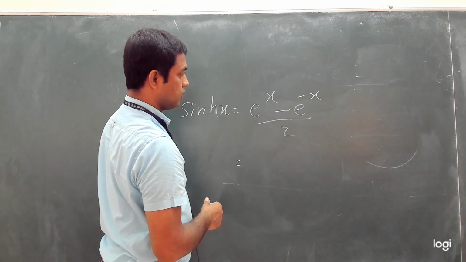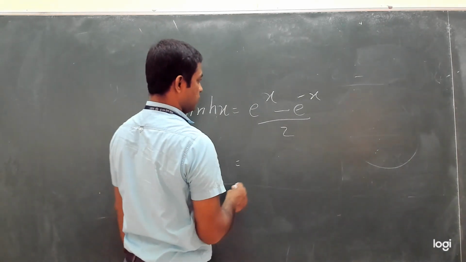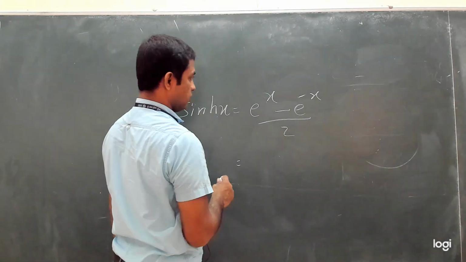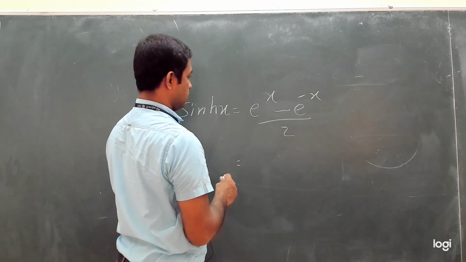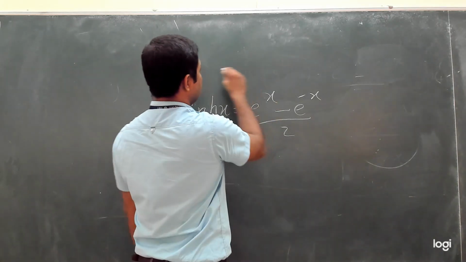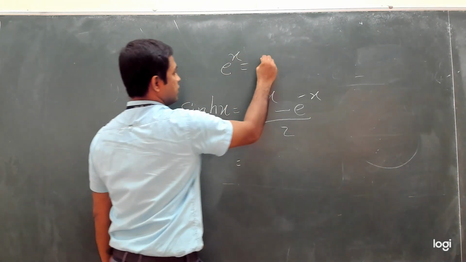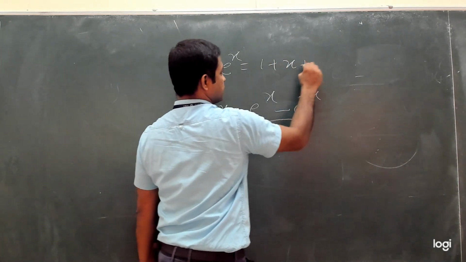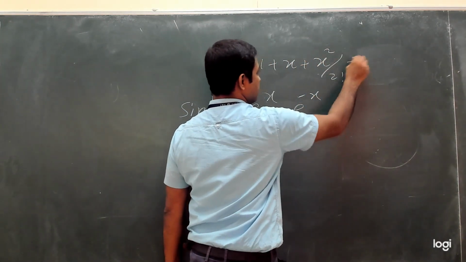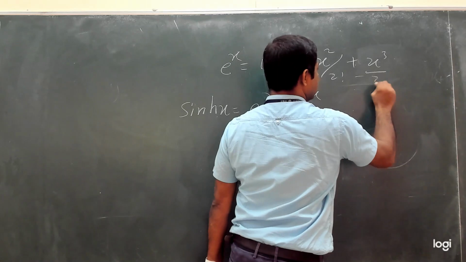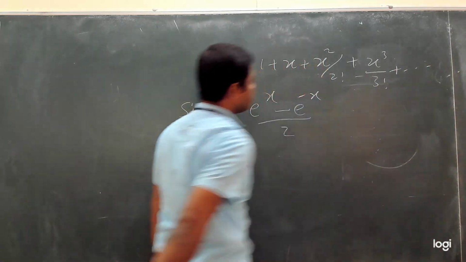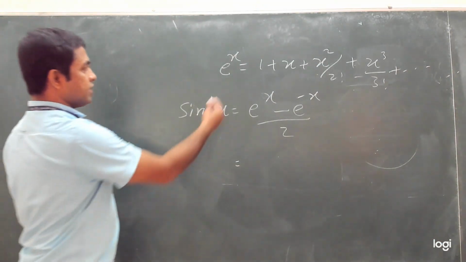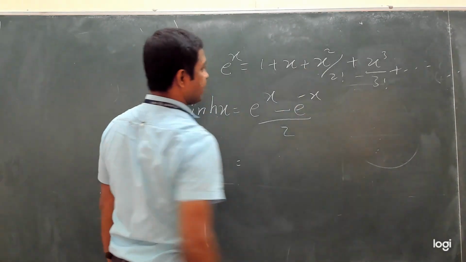Exponential x is 1 plus x plus x square by 2 factorial plus x cube by 3 factorial, etc. E power minus x you know, because you will have alternate negative signs.